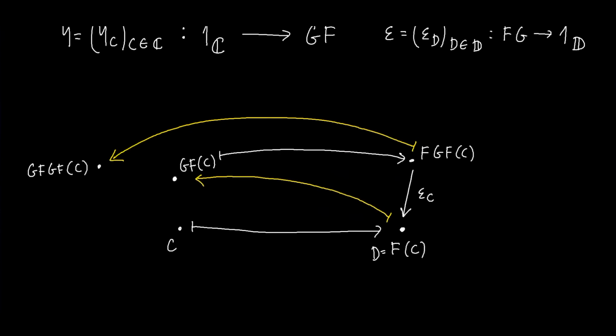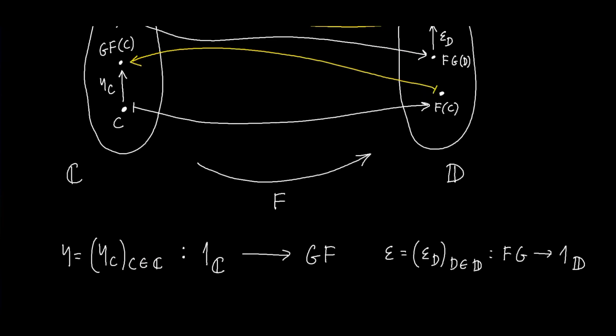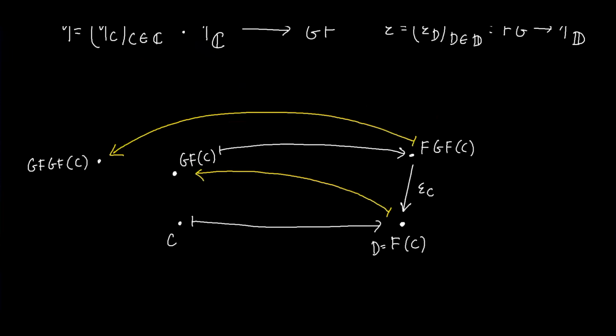Okay. Let's insert some of the arrows we have here. So I've got this arrow eta of C, right?